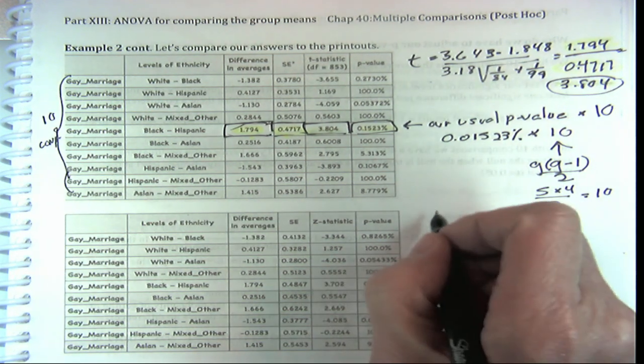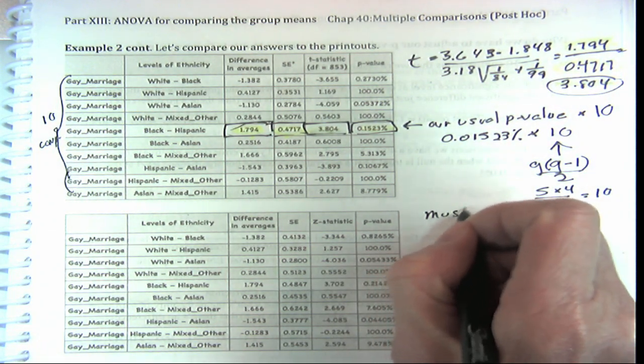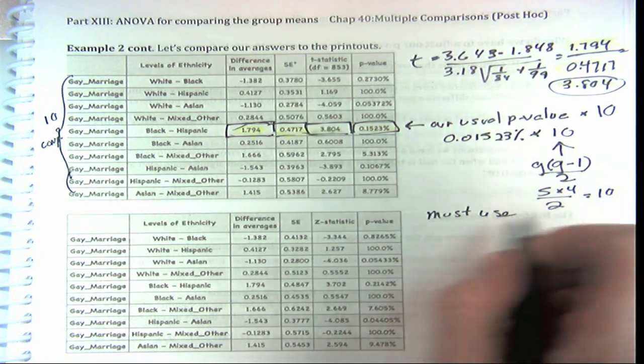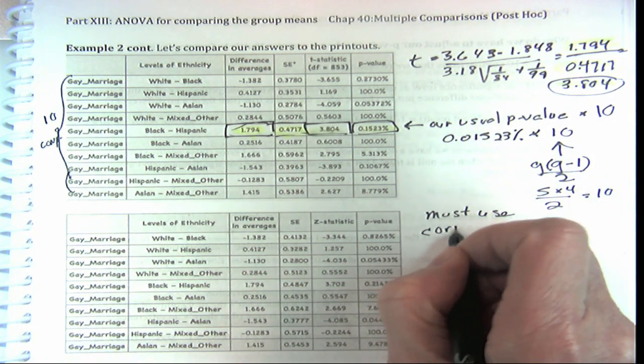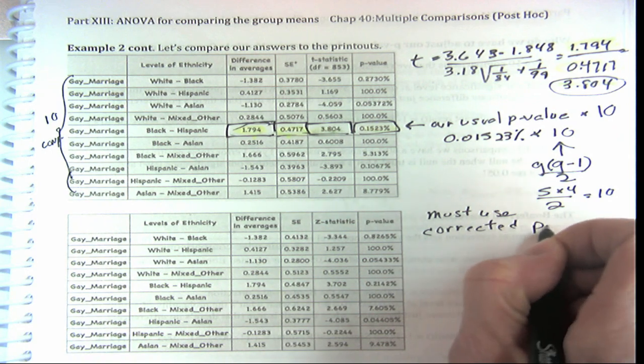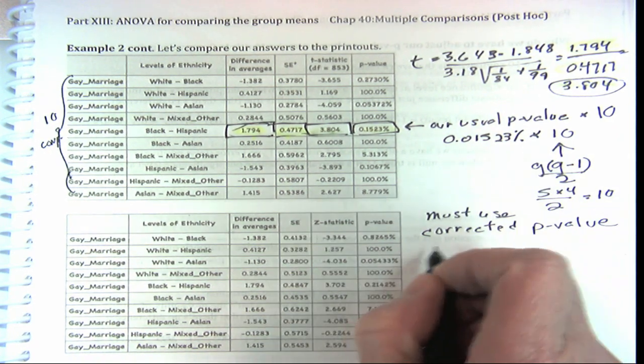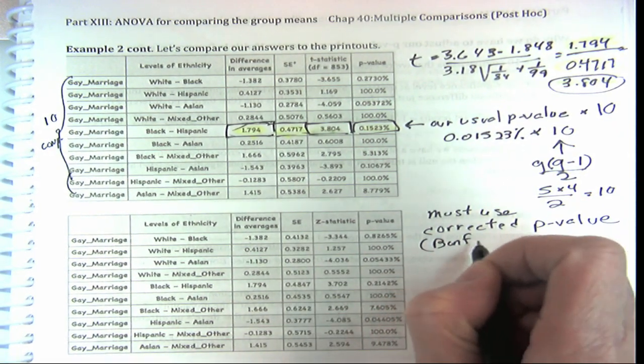We must use the corrected p-value, and we're going to do the Bonferroni one. There are other ways to correct.